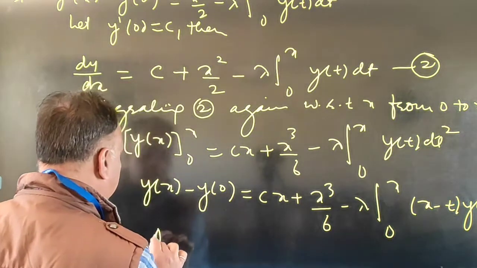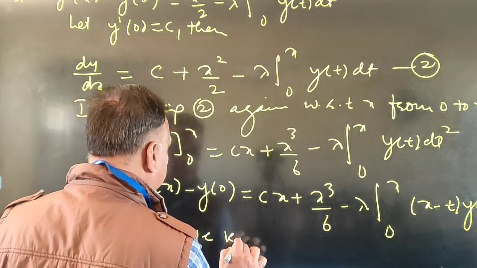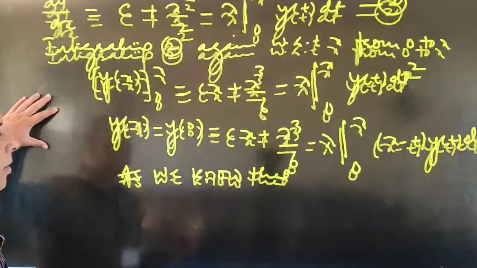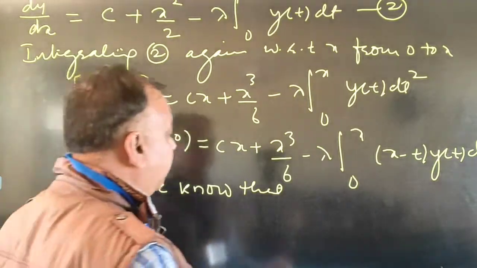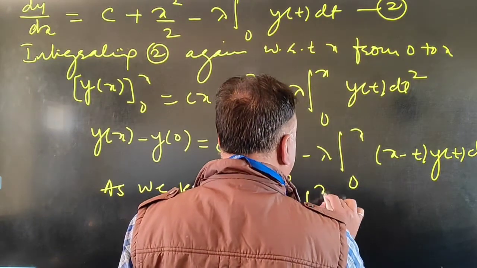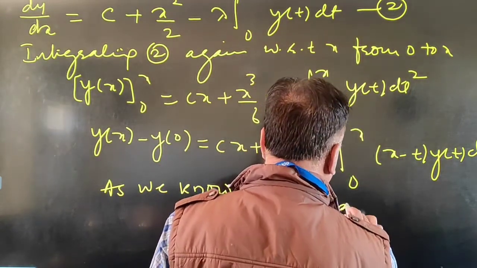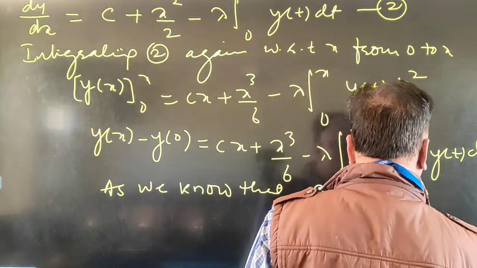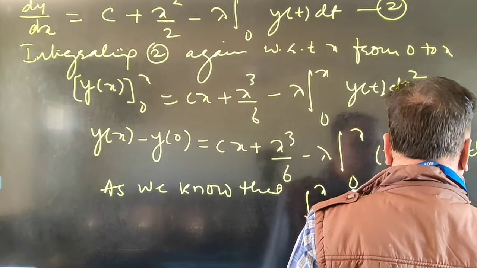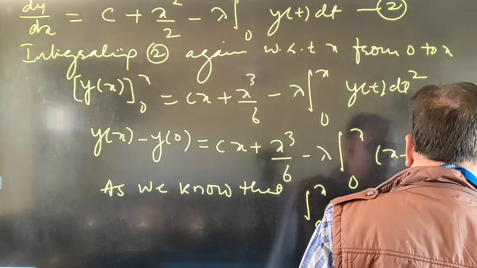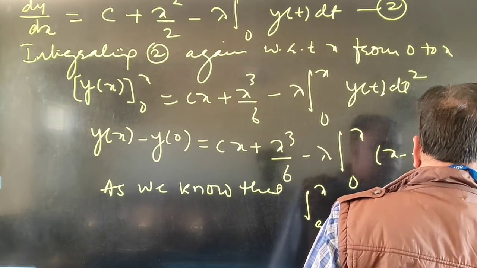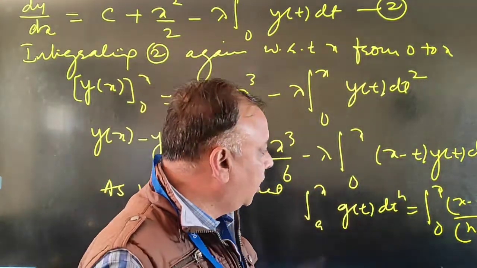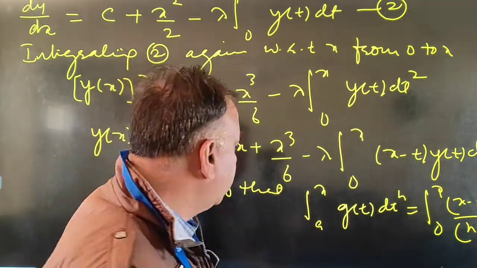We know the result for converting a multiple integral into a single integral: the n-fold integral from a to x of g(t) dt is equal to the integral from 0 to x of (x minus t) raised to n minus 1 upon factorial n minus 1 times g(t) dt.